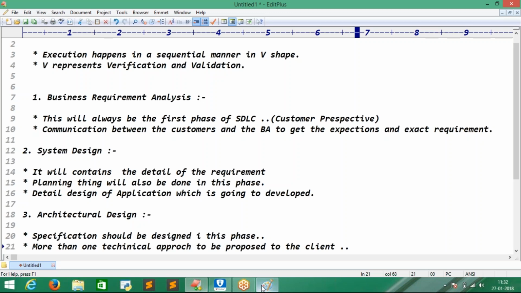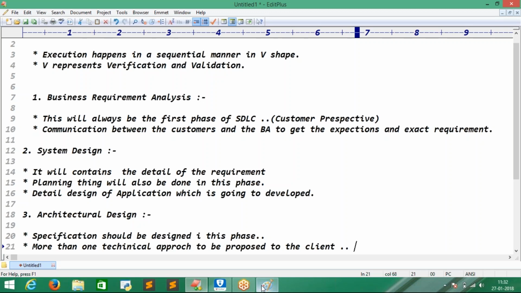After 5 months, you kept your promise, made the application, and you're showing it to the customer. At that time, the customer says, no, we didn't like the application you have made. So what will you do then?